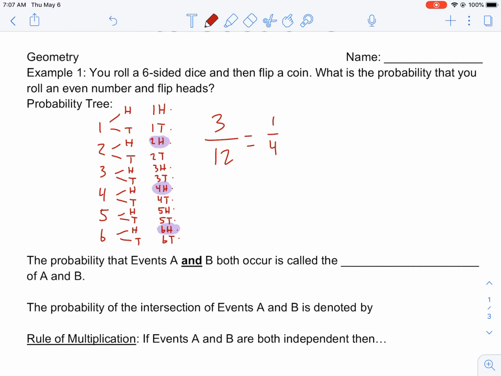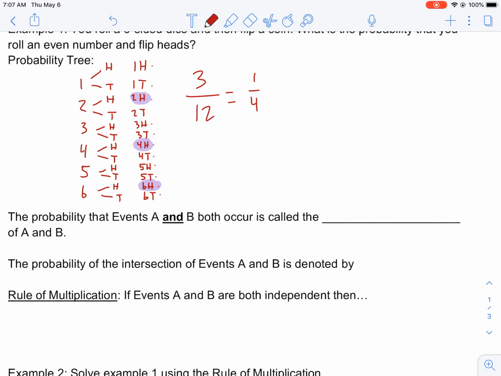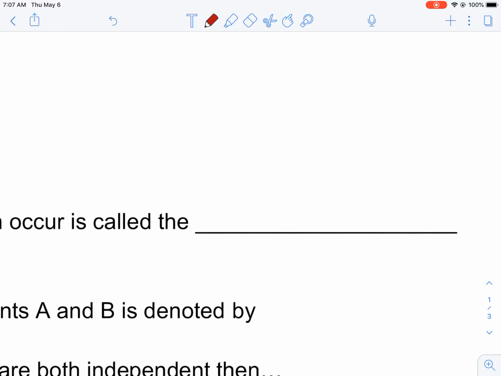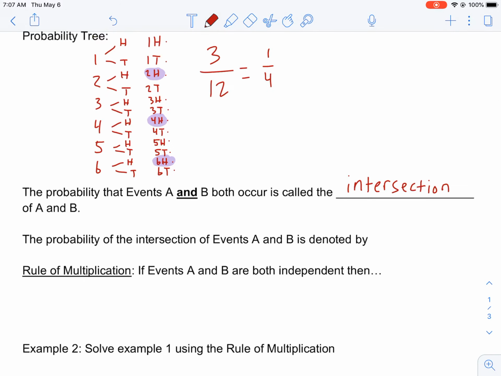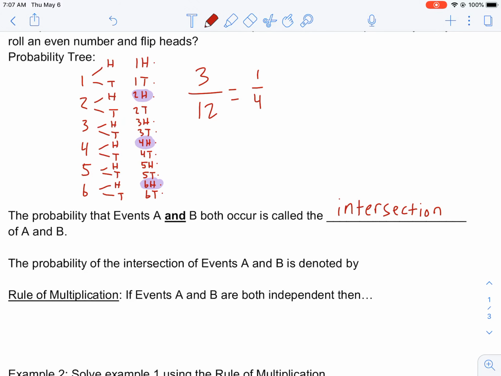So what we just found is called the intersection of those two events. The probability that events A and B both occur is called the intersection of A and B. And why is it called intersection? Well, you've got two events. They're both happening. It's the probability that they cross.